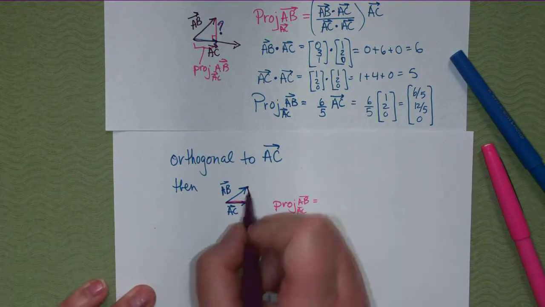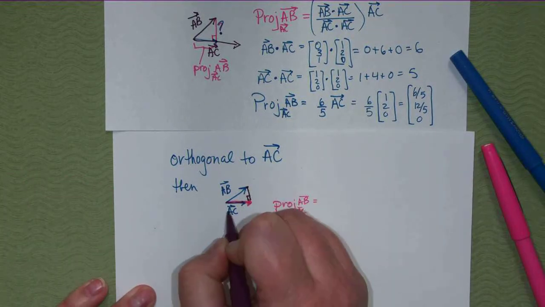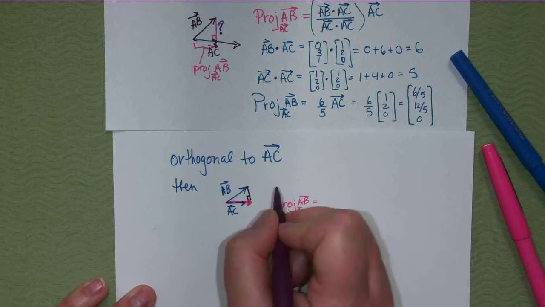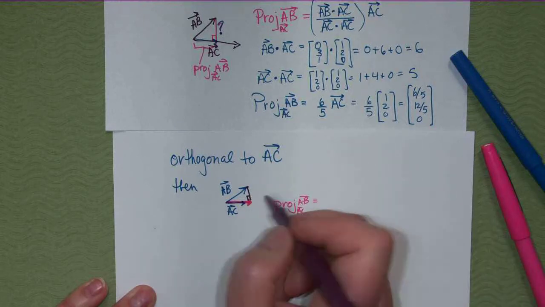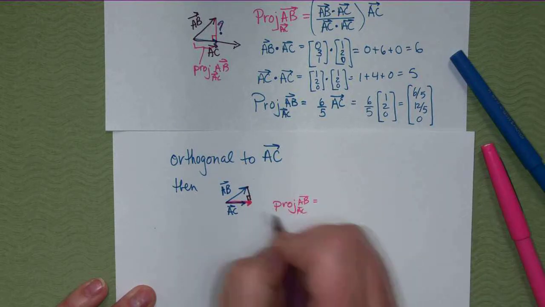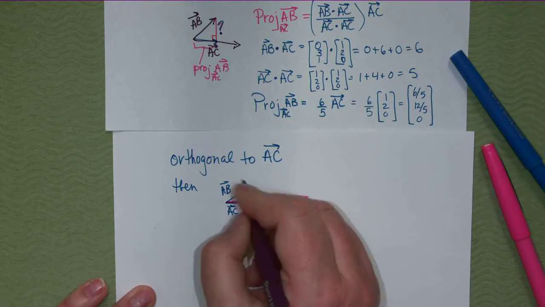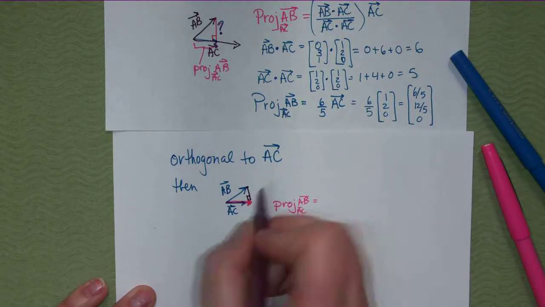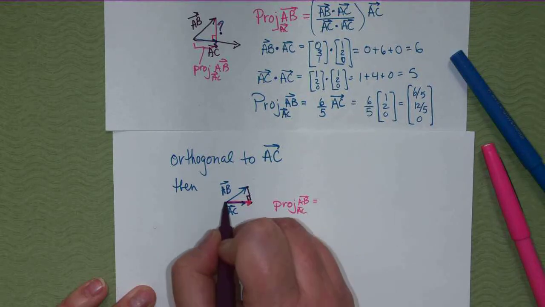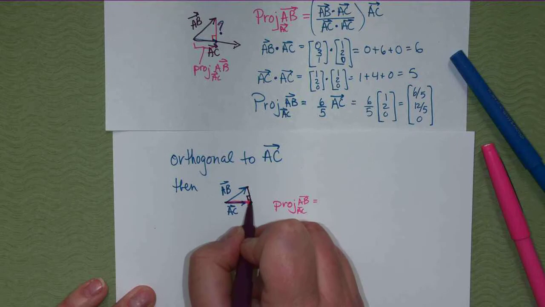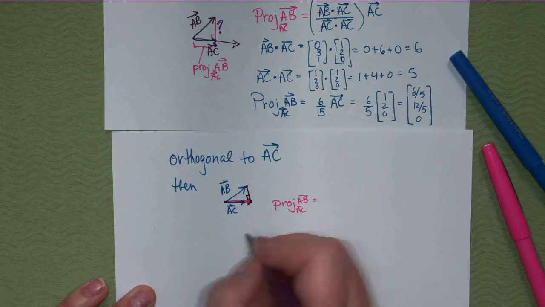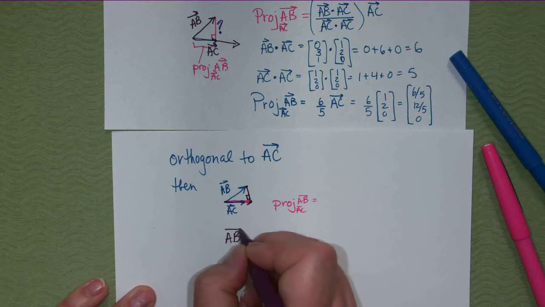So this, we can subtract either way, it doesn't really matter. What are we subtracting? This is a projection vector that ends at the perpendicular line. So we want to do AB minus the projection.